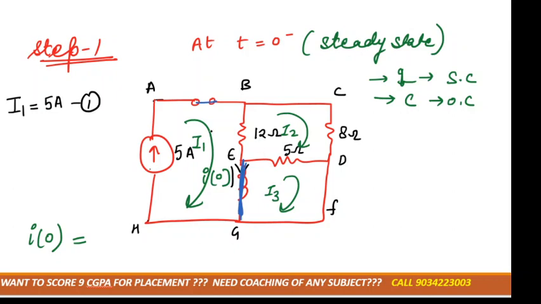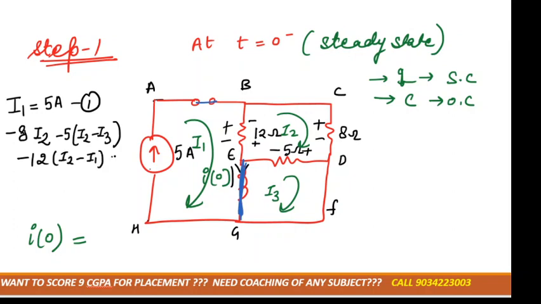Similarly, tell me the equation for the second mesh. Positive, yes, negative 8 I2, then negative 5 I2 minus I3, then negative 12 I2 minus I1 would be equal to 0, right?